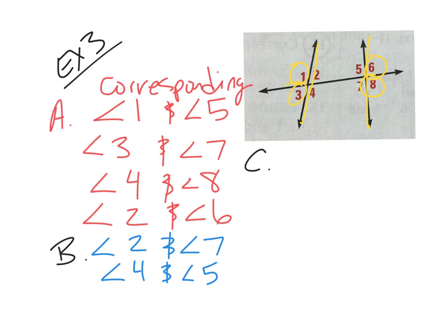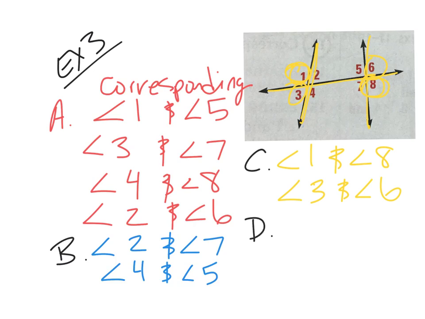And they're alternate, which means they're on opposite sides of the transversal. So give me one set, Gwen. 1 and 8. What are the other two angles? 6 and 3. Yep. Very good.